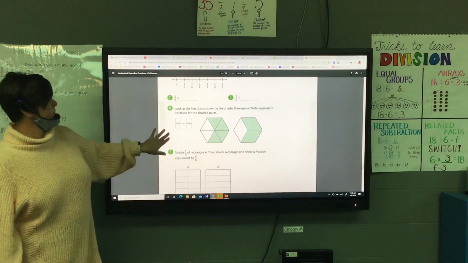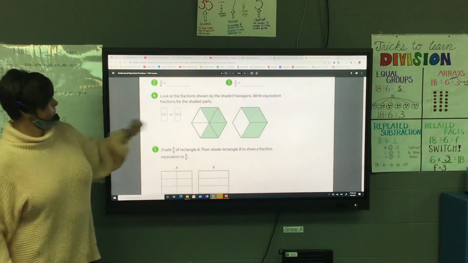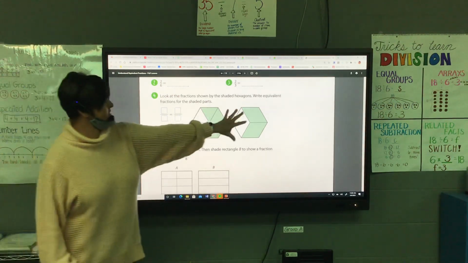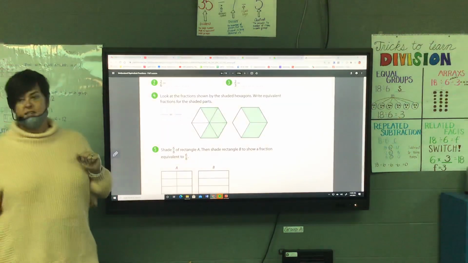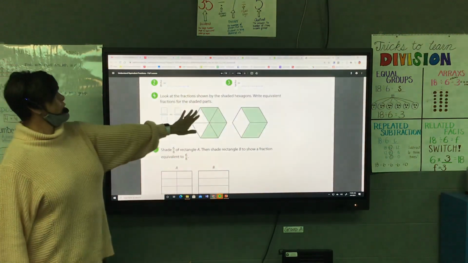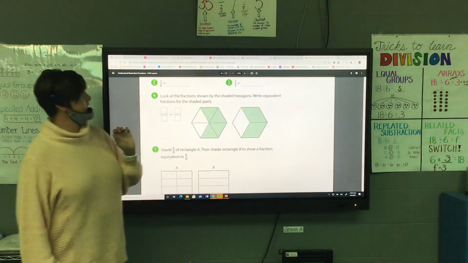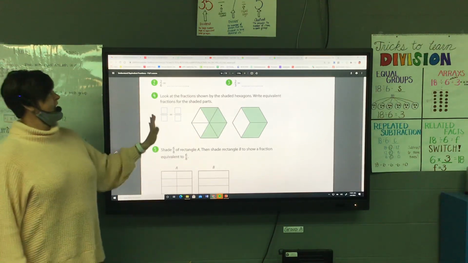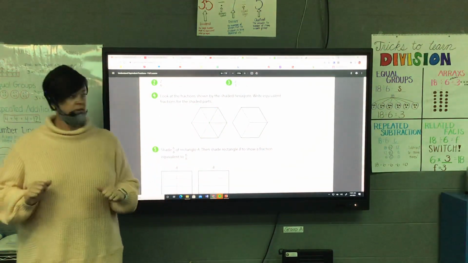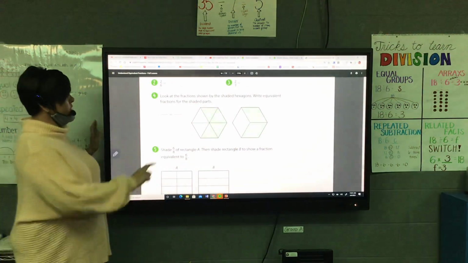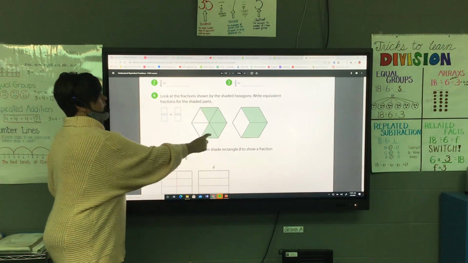Let's look at problem 4. Oh, sorry, friends. Problem 4. What shape do they give us here? Hexagons. Okay. So if we look at the fractions shown by the shaded hexagons, we're going to write equivalent fractions for the shaded parts. So count with me here. 1, 2, 3, 4, 5, 6.